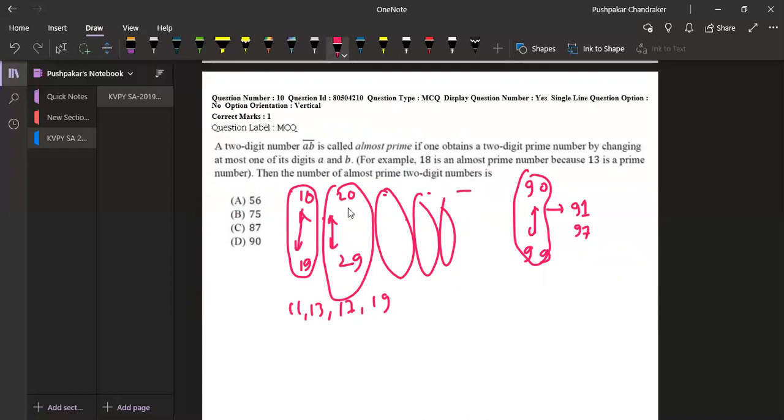It means all these numbers are almost prime. You should include the prime numbers also, because they can also be made prime, since another prime is there. Always two or more primes are there. So the answer is all 90 numbers from 10 to 99 are almost prime, which is option D.